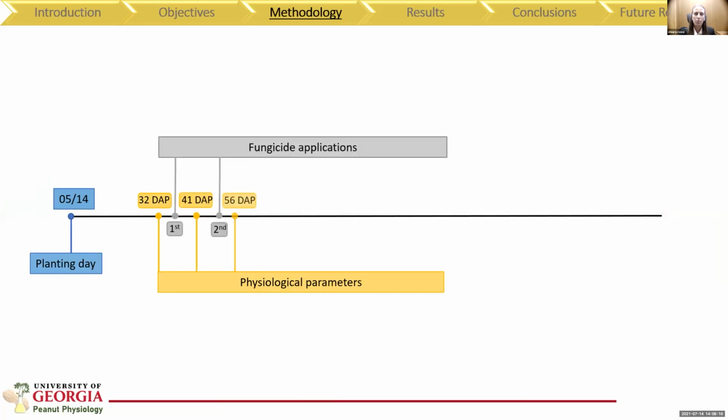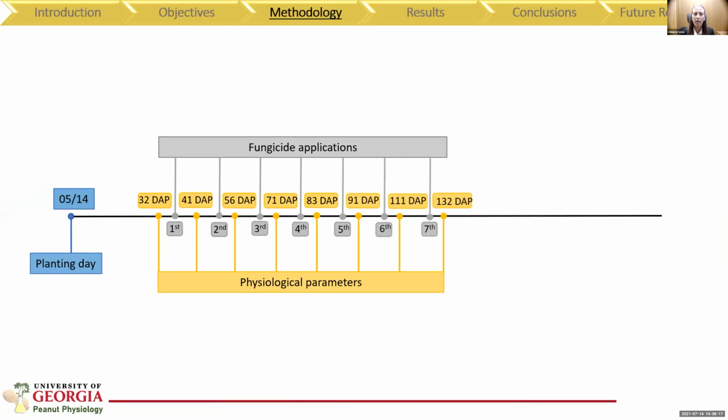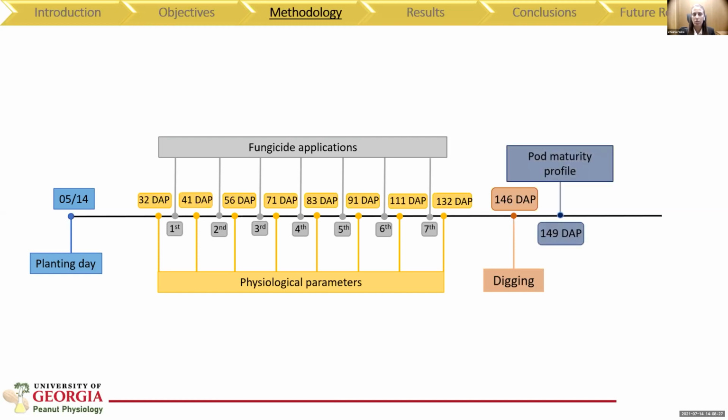After that, we started with the fungicide applications, and we kept collecting physiological measurements for a total of 7 fungicide applications and 8 physiological sampling events. At 146 days after planting, we dug the field, and later, at 149 days after planting, we collected pods in order to create the pod maturity profile. Lastly, at 156 days after planting, we harvested and calculated the yield.